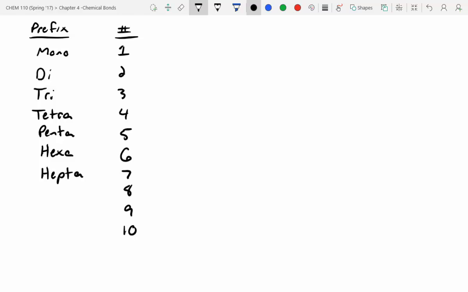What about 8? Octa. So like an octagon. All right, what about 9? Does anybody know that one? Nona. Which makes sense, right? So if we think about nano, the n is 10 to the 9th, right? So 9, nona. Okay, 10 is deca. So not too bad, but I think it makes more sense when we use examples.